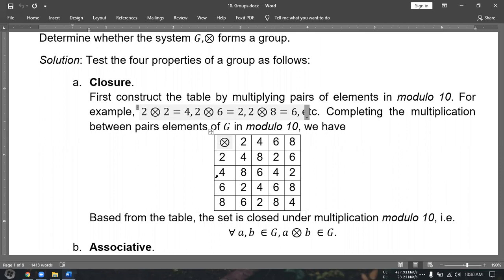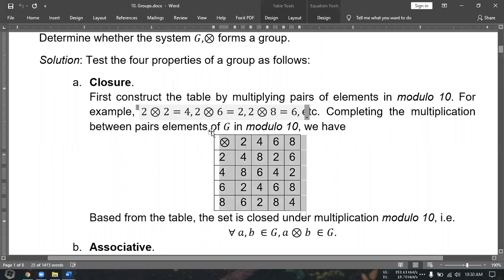Associativity. We can actually test the associativity or associative property by observing this table. Okay, just test any 3 elements of the set with different groupings. Let's say, for example, test tayo, no?